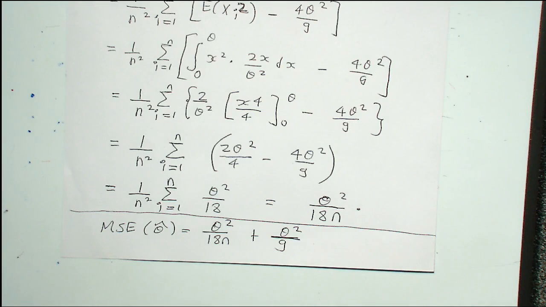So in this case, the estimator is biased and inconsistent, because, as you can see, as n approaches infinity, this does not approach 0. All right? Therefore, the estimator is not consistent and is also not unbiased.